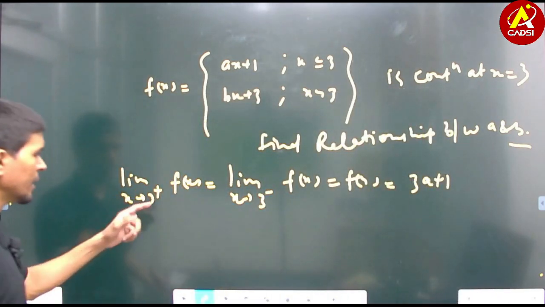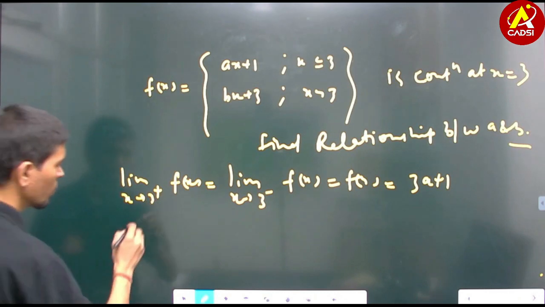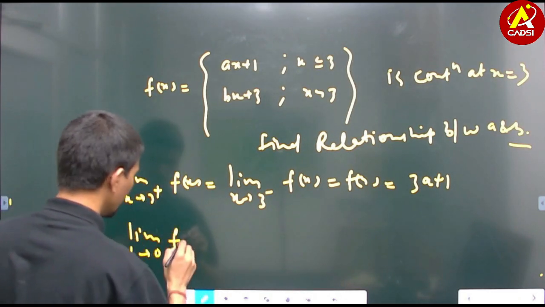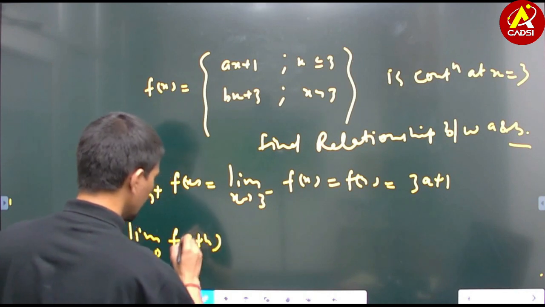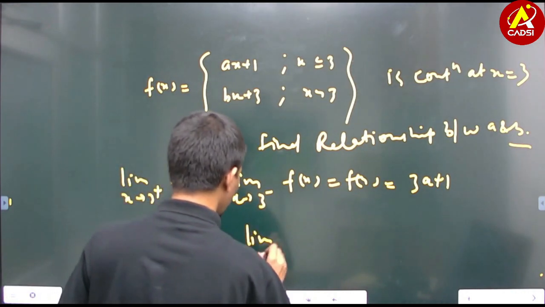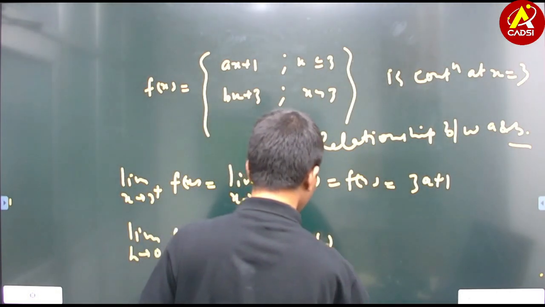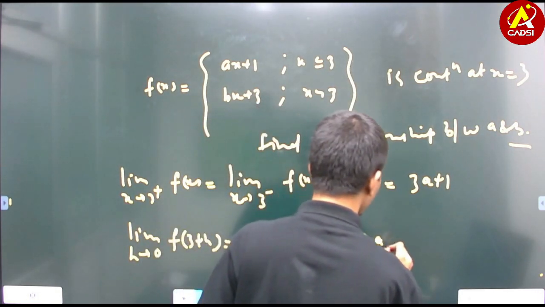When we put x equals 3 here, we find 3a plus 1. Now the limit as x tends to 3 plus of f of x is nothing but the right hand limit, and it equals f of 3, which is 3a plus 1. So here, limit h tending to 0, f of 3 plus h equals limit h tending to 0, f of 3 minus h, equals 3a plus 1.